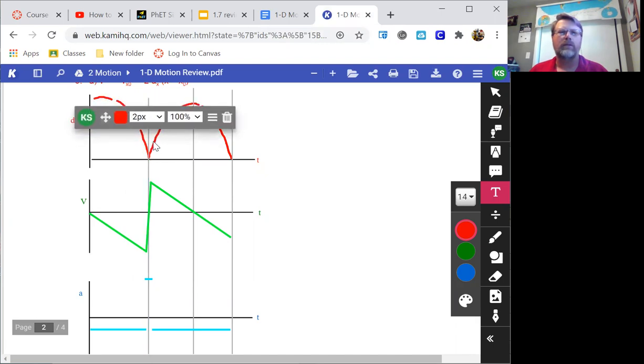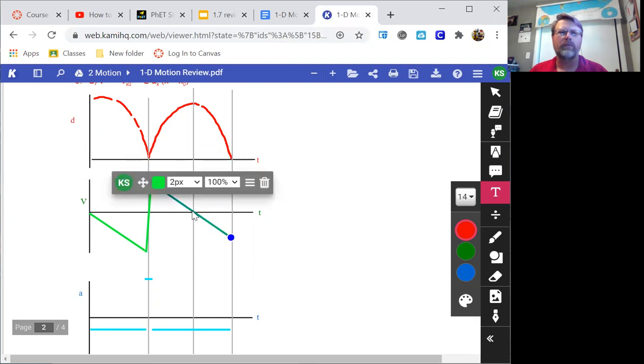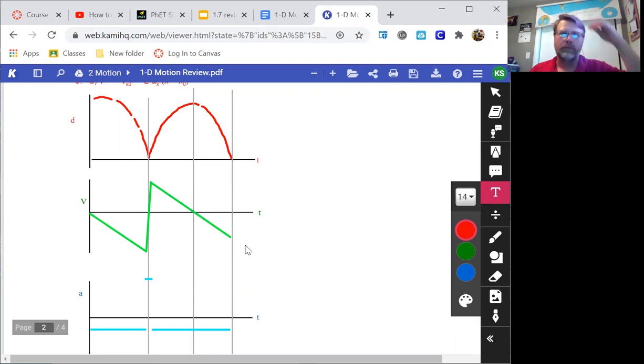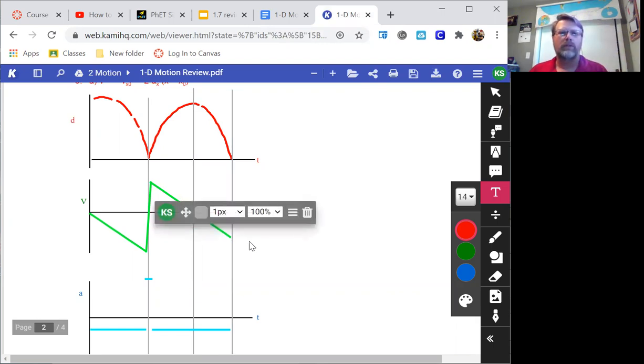Now it is an upward slope that entire time. So after it left the ground, it continues to travel upwards in the positive direction until it reaches the peak. When it reaches the peak, it's going to start into the negative and keep coming down. And that is the two bounces.